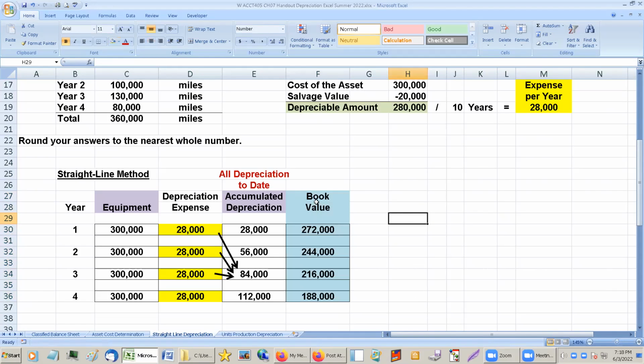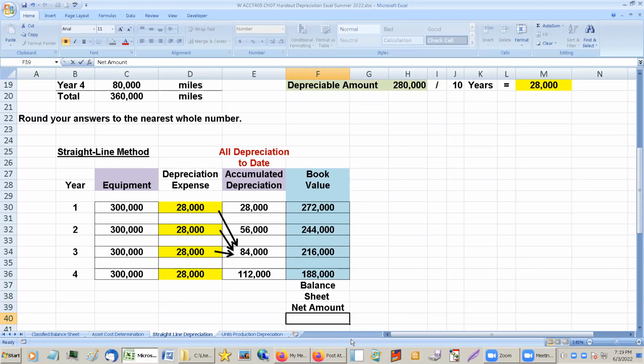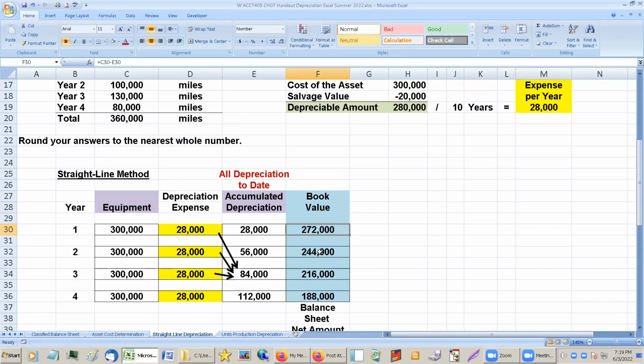And so these are book values. This is actually what this will be on the balance sheet. So after the first year, the equipment will be on the books as 272,000. Next year, 244,000.